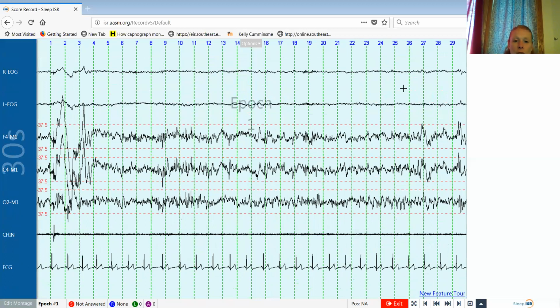A couple things I want to point out. You have red dotted line to red dotted line. The distance between those two is 75 microvolts. And if you recall, we use that when we're identifying delta waves. From peak to peak, so coming over here to this waveform right here, from this peak to this peak of that wave, if it goes beyond these two red dotted lines, that is larger than 75 microvolts.